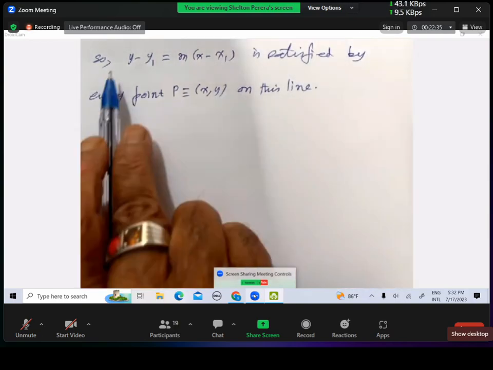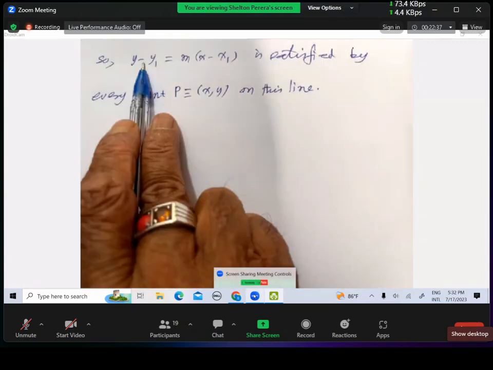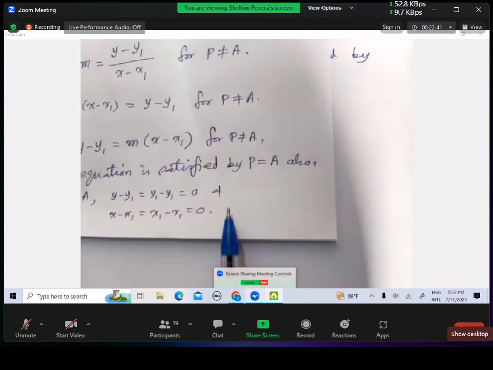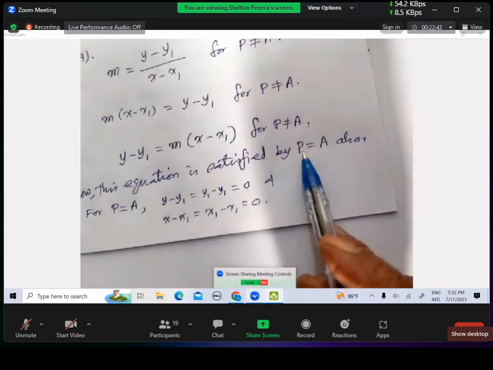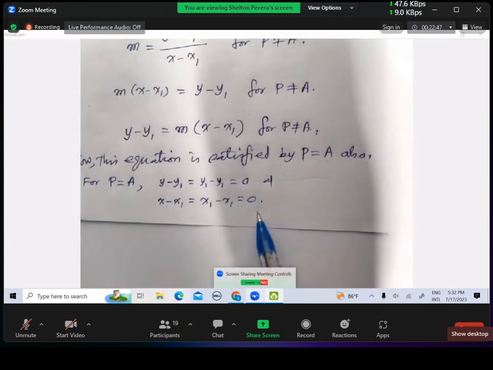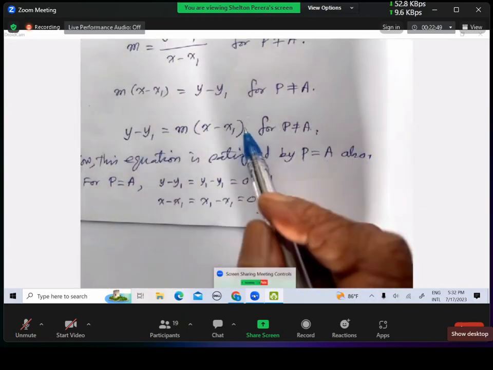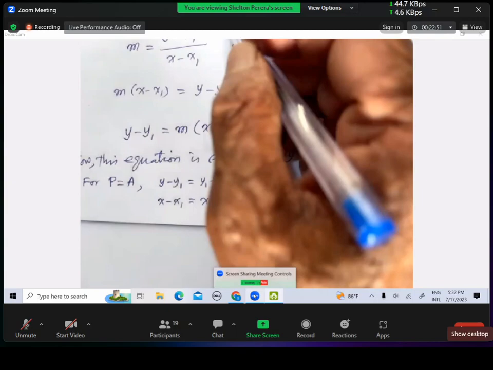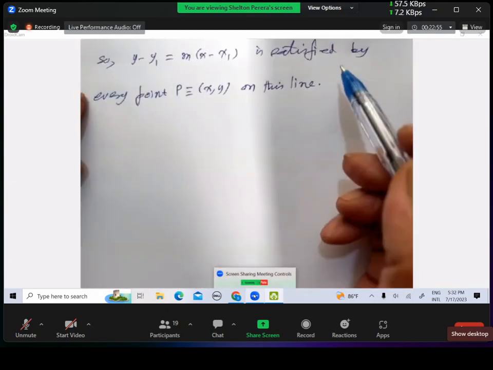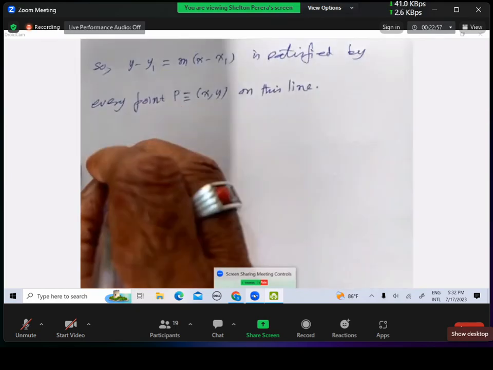So this is satisfied because this side is 0 and this side is also 0 for P equals A. So this is satisfied by P equals A also, and we gave the reason for that. For other points, this is satisfied. We have proved it using the definition of the slope. So this equation is satisfied. So it is the equation of that line.